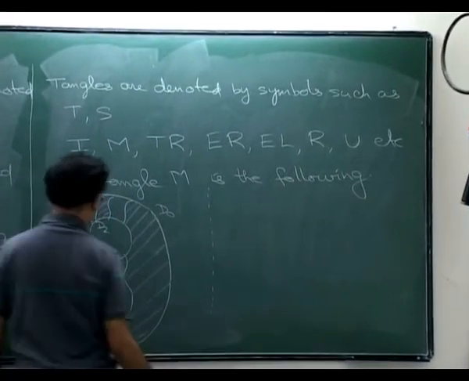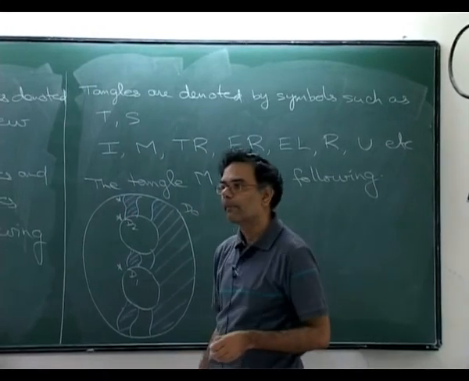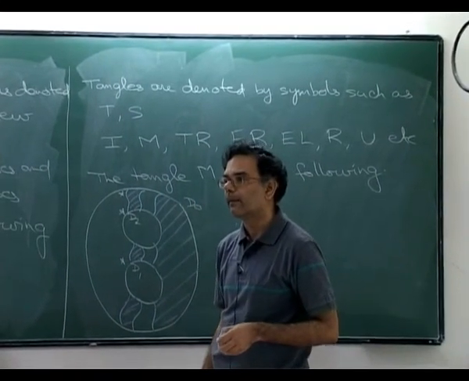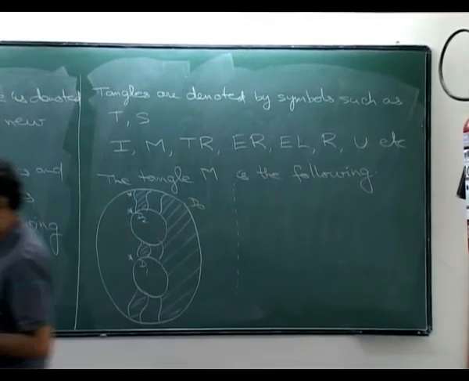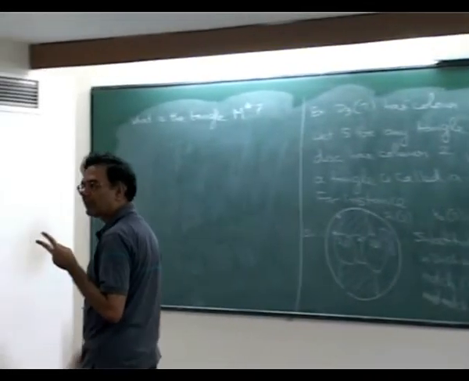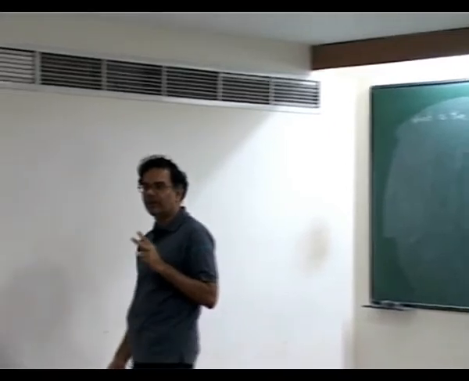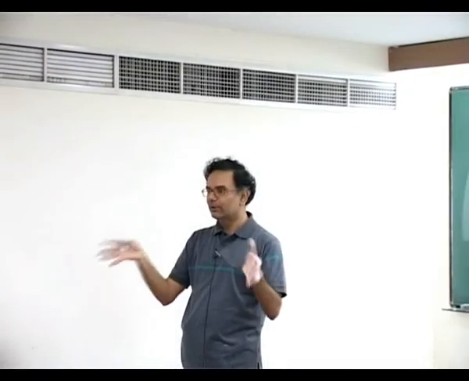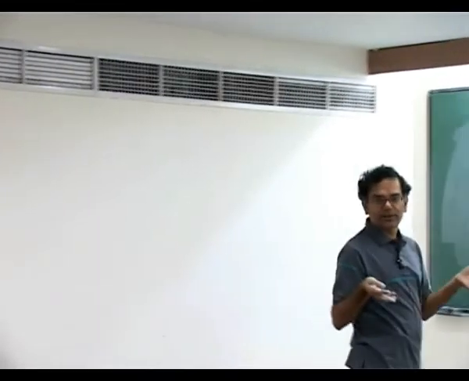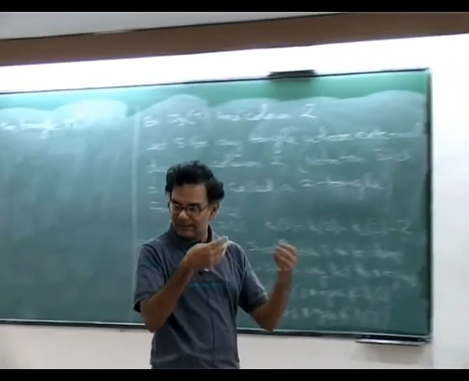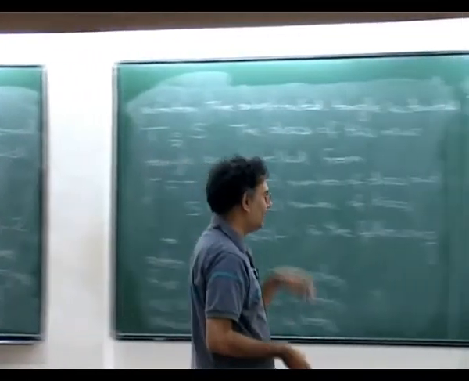It doesn't matter which orientation reversing map you take, because we said the composite of any two orientation reversing maps is an orientation preserving map, and under an orientation preserving map, two tangles which differ by that are exactly the same. So you will get the same tangle T star.